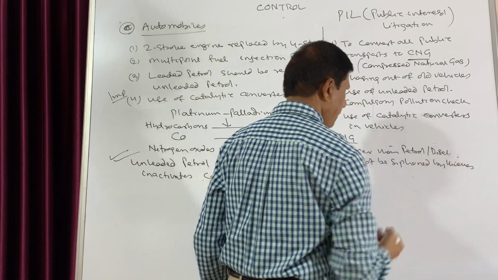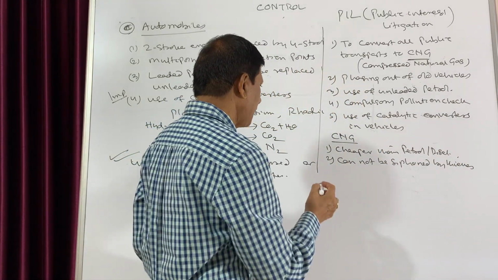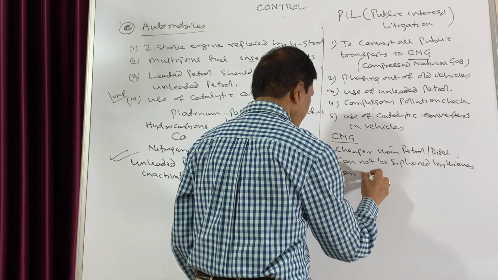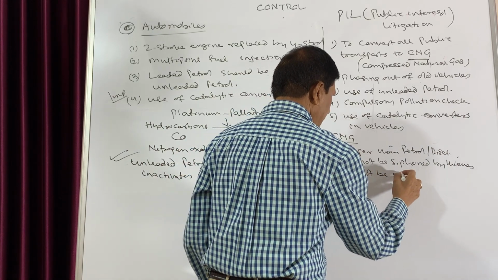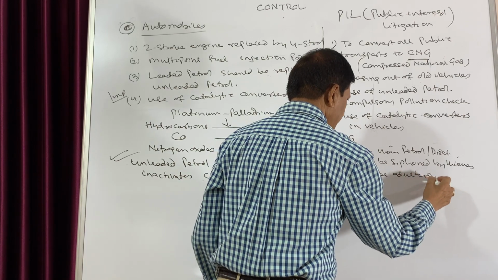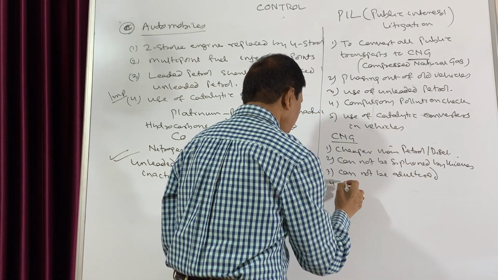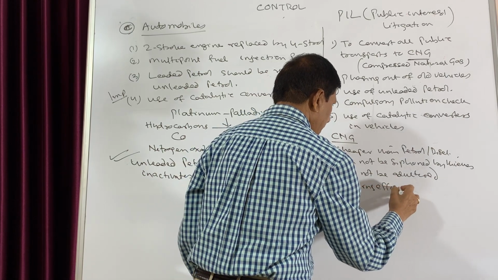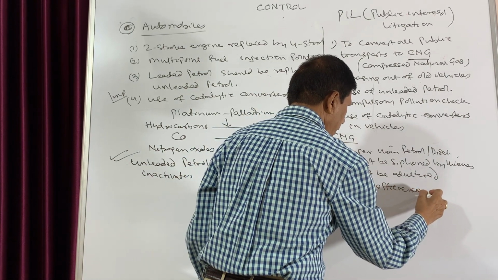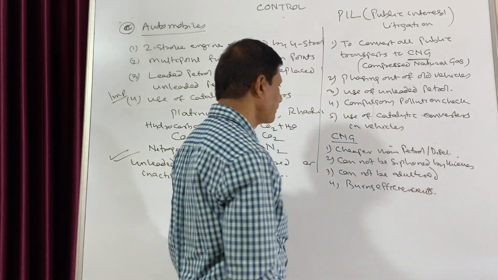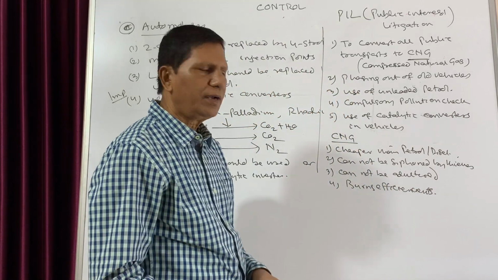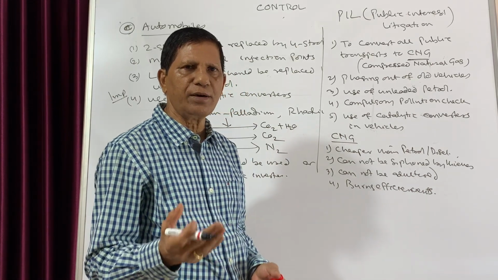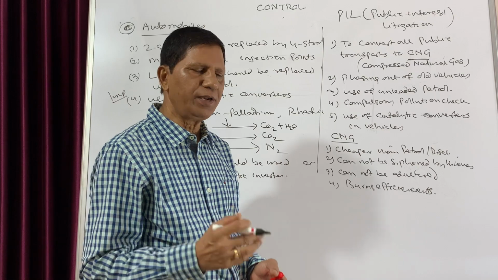That is also one of the very important points. And another point is it cannot be adulterated, and it burns efficiently. So that is why nowadays CNG is used in most of the important cities of India.